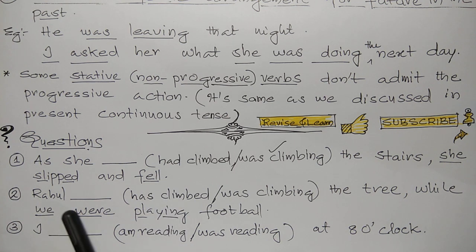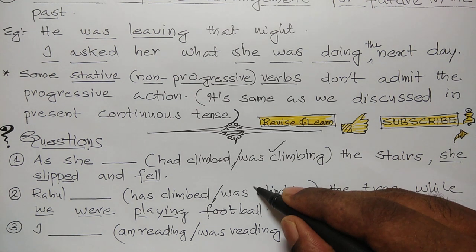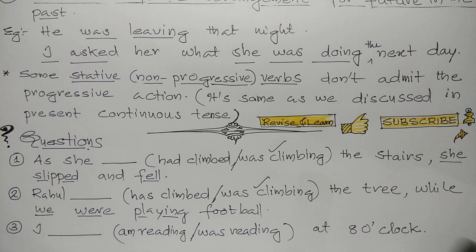Second one, Rahul dash the tree while we were playing football. Here we can see that 2 progressive actions are happening in the past. So both parts should be in past continuous. Rahul was climbing the tree while we were playing football.